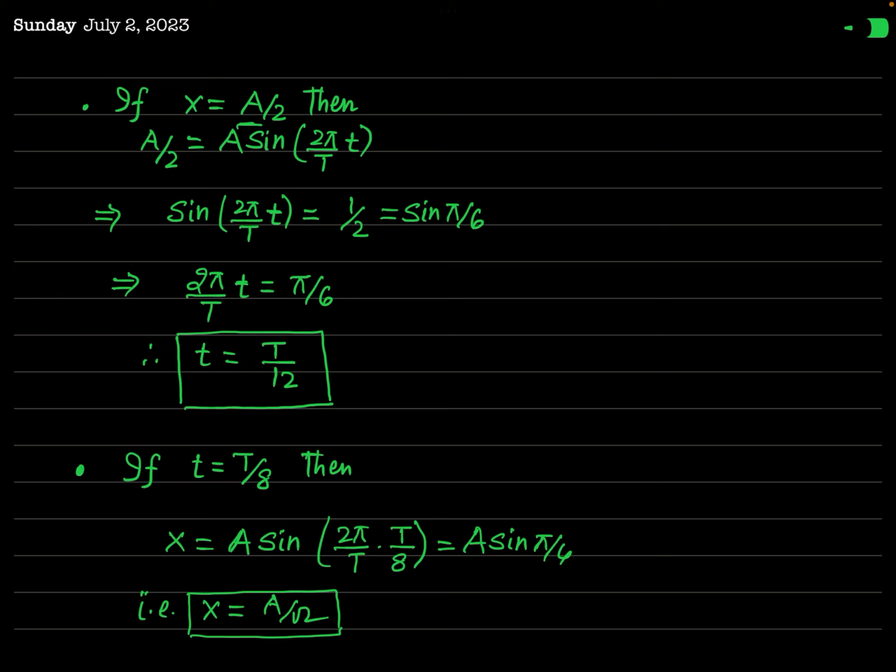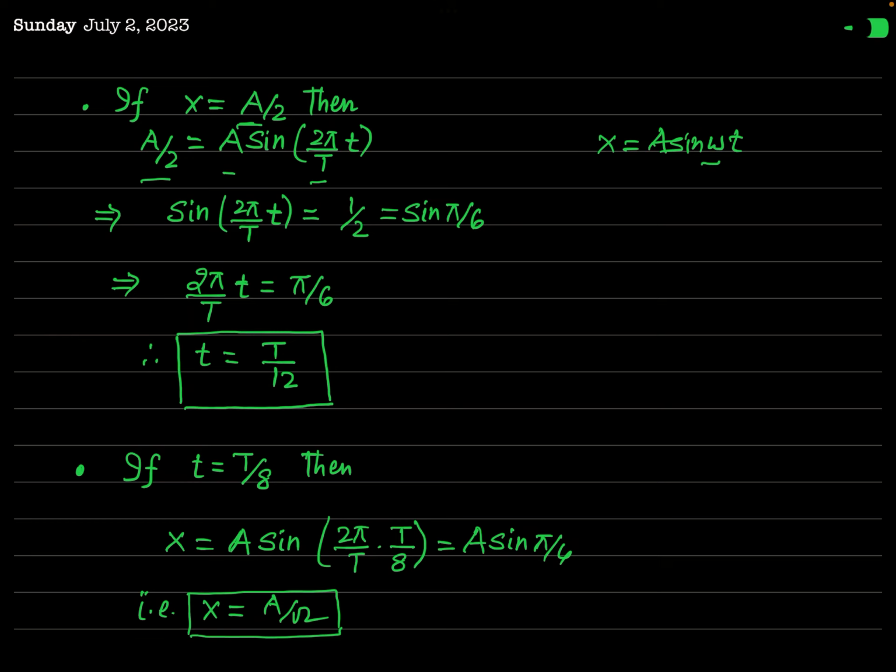For this, we will substitute the value of x in the equation defining the displacement, that is x equal to a sin omega t. As x we have assumed a by 2, so a by 2 is equal to a sin omega t. And in place of omega, you can write 2 pi over T.